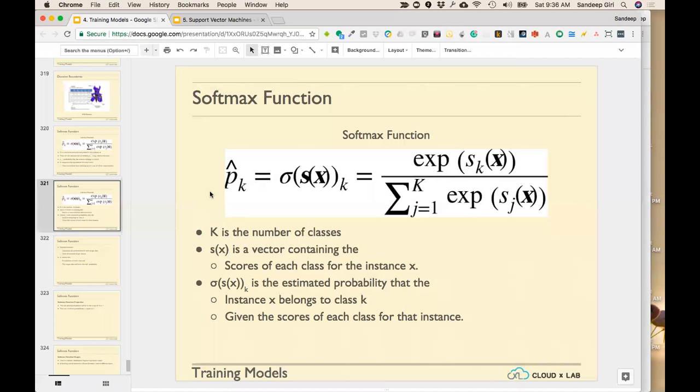Definitely. The confusion matrix was essentially a comparison between what is predicted and what is actual with respect to the classification, right?